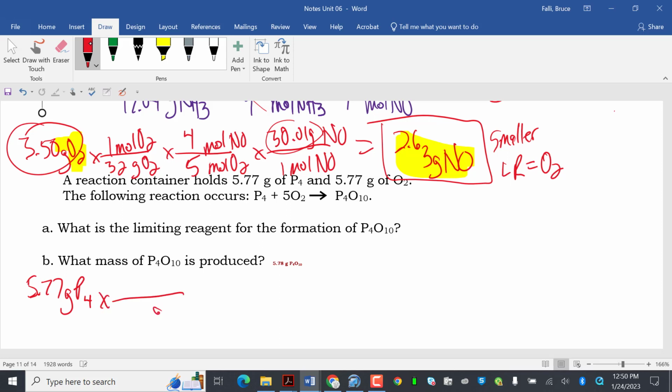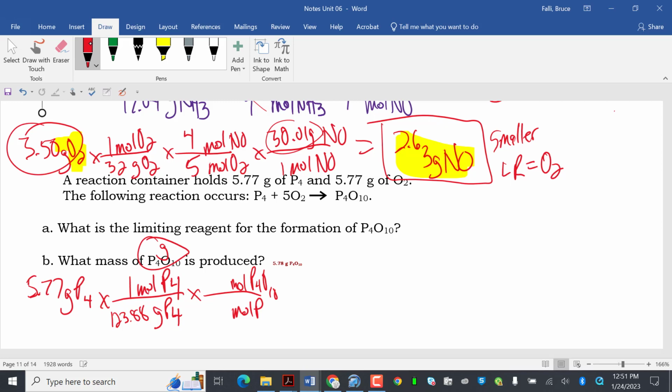Grams of P4. I'm going to go into moles of P4. Man, my pen doesn't like to make the number 4 today. So phosphorus is 30.97 times 4, which is 123.88 grams per mole of phosphorus. What am I going into again? Grams of P4O10, so moles of P4O10.